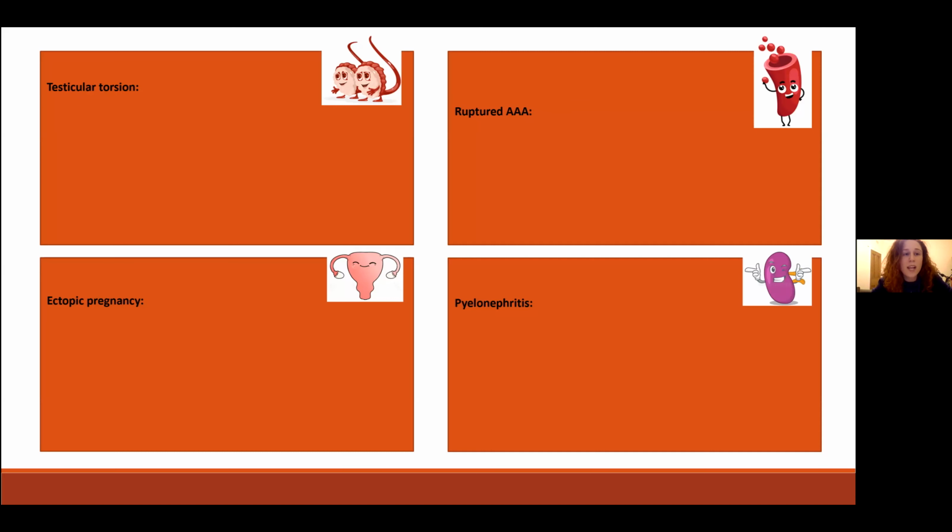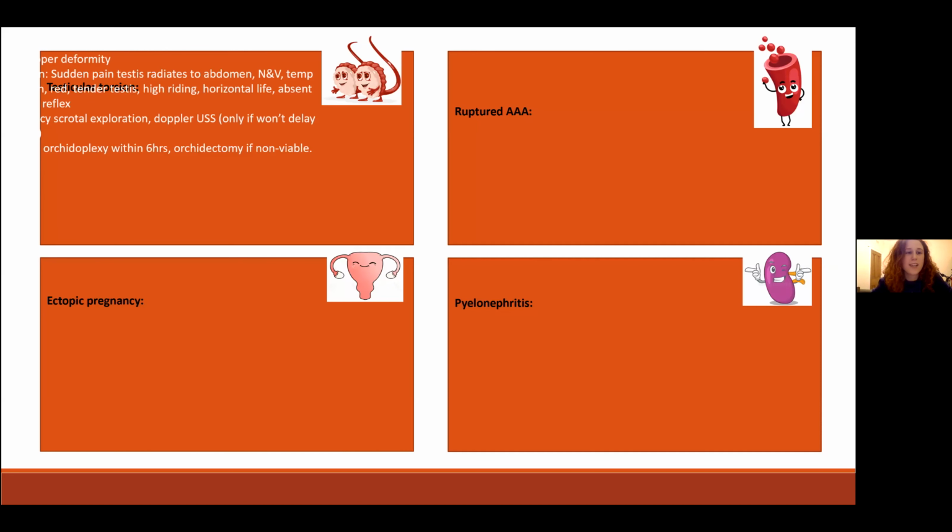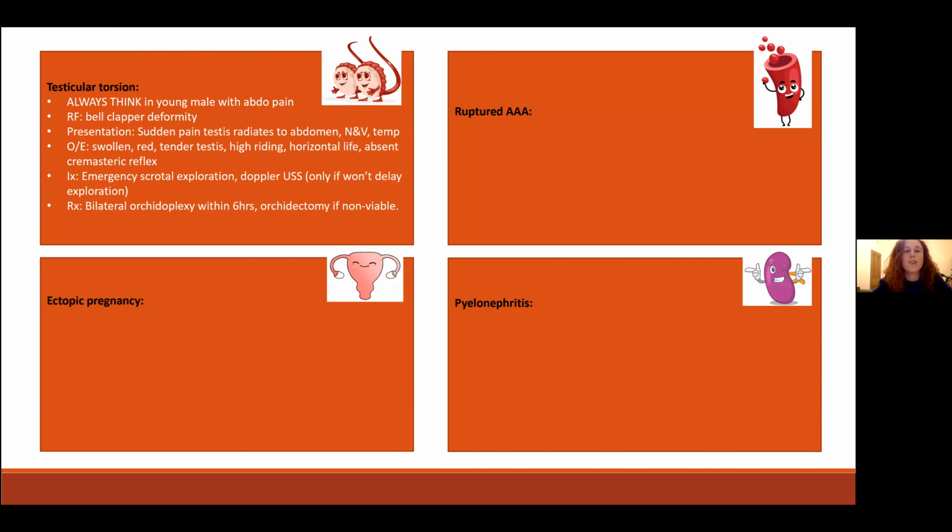And then finally, the treatment for testicular torsion. Orchidopexy, surgery, untwist it. Yeah, correct. So this is just a little summary of testicular torsion. You will be getting the slides after, so you can look back at this.